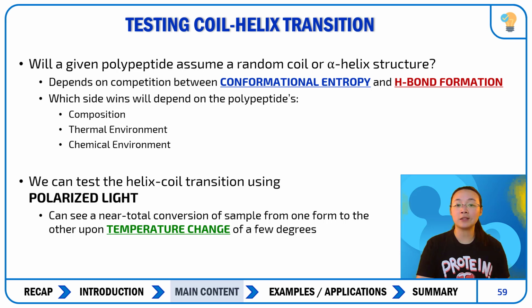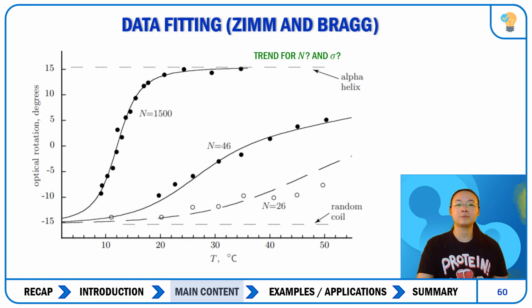So now we can finally take a look at our graph, or a similar graph that we looked at previously. You can kind of see that at low temperatures, all the samples displayed an optical rotation similar to that of isolated monomers, or basically random coils. At high temperatures, though, the rotation changed.